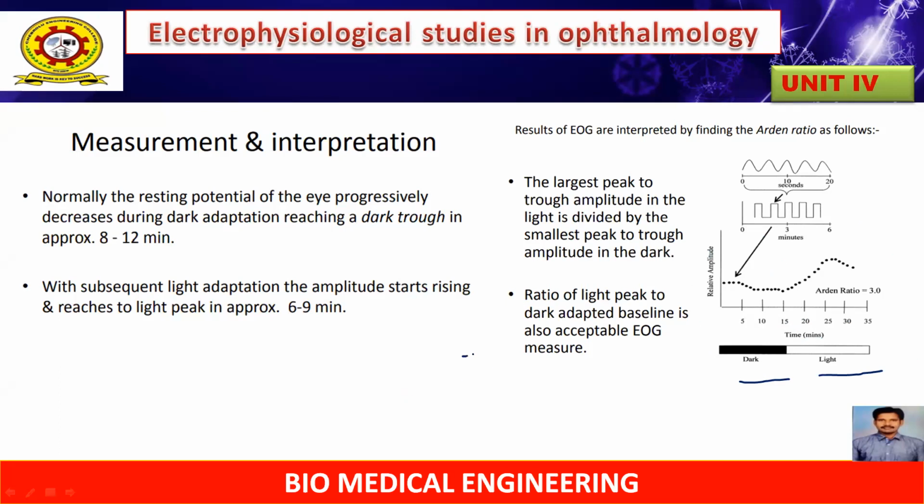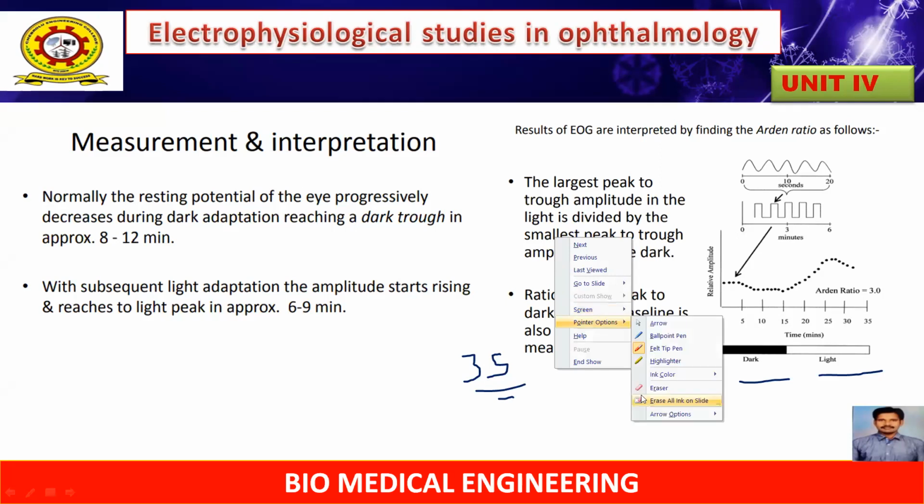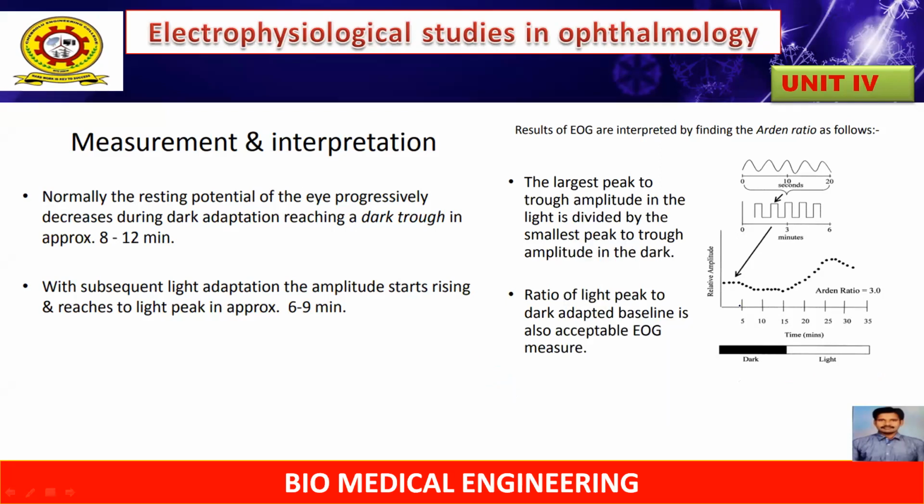So we have 35 as the numerator, the light level, divided by the dark level. See here how many levels exist for this one. Only 3. So 1, 2, 3, 4, total 15. So 15 by 5 is 3. That is simply the way to calculate this Arden ratio.